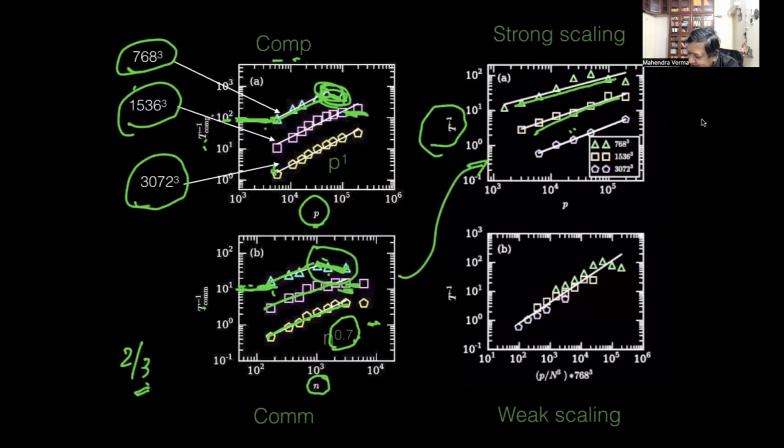Now we can compactify all 3 plots into a single plot. How do I do it? P by n cube multiplied by 768 cube. What does it mean? If you give me more data, I will use more processors. So this is like a packet size per processor.